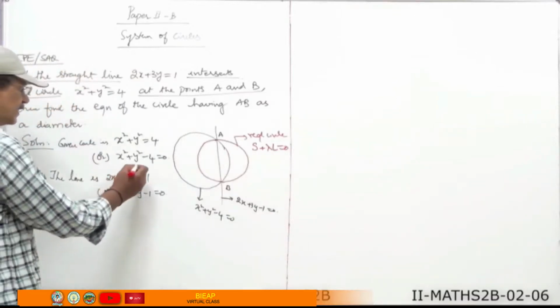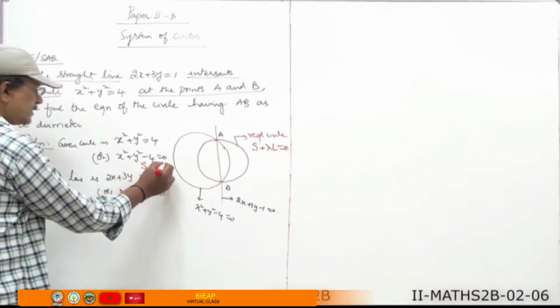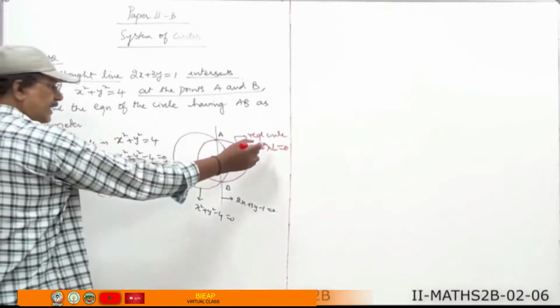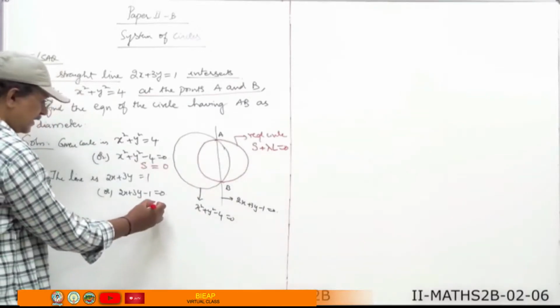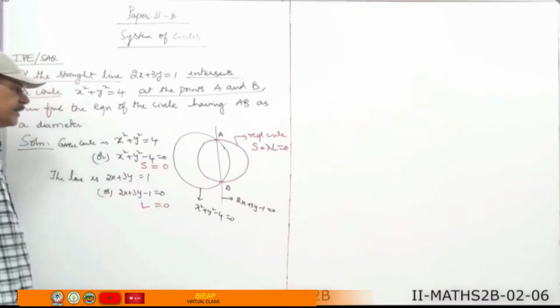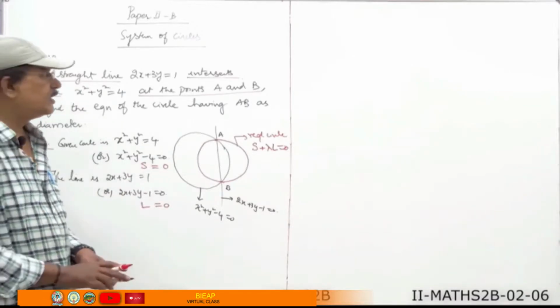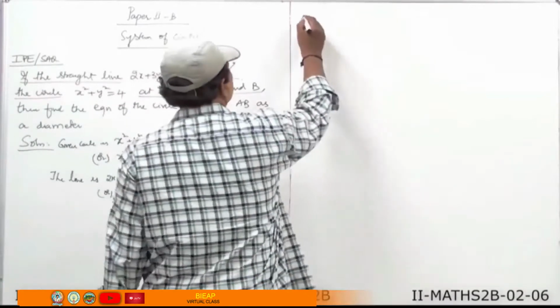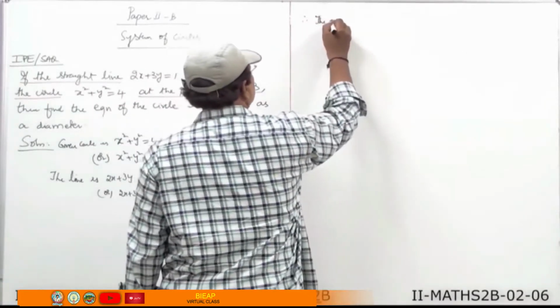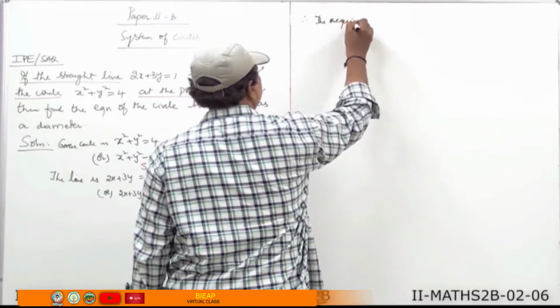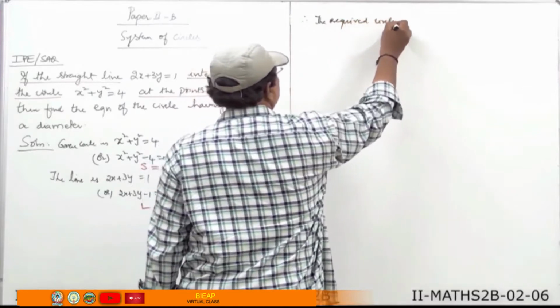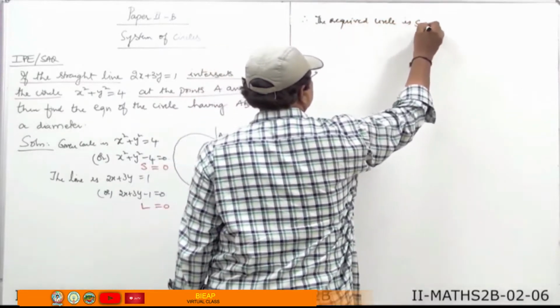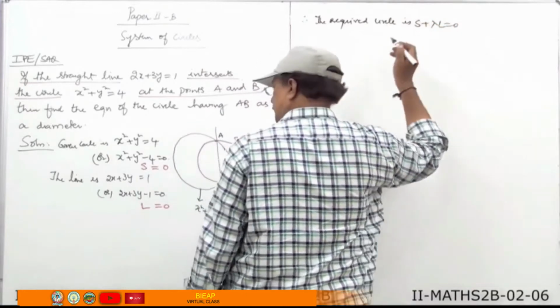Therefore, for our convenience, I write this as S is equal to 0 and this L is from the straight line 2x plus 3y minus 1 equal to 0. Therefore, the required circle is S plus lambda L equal to 0.